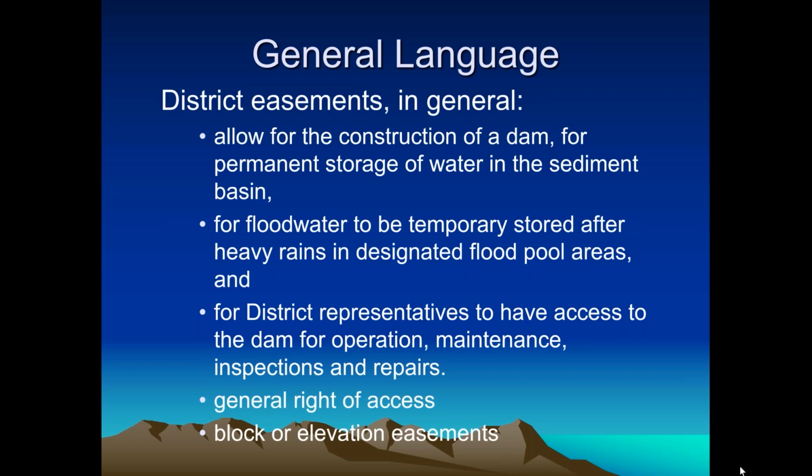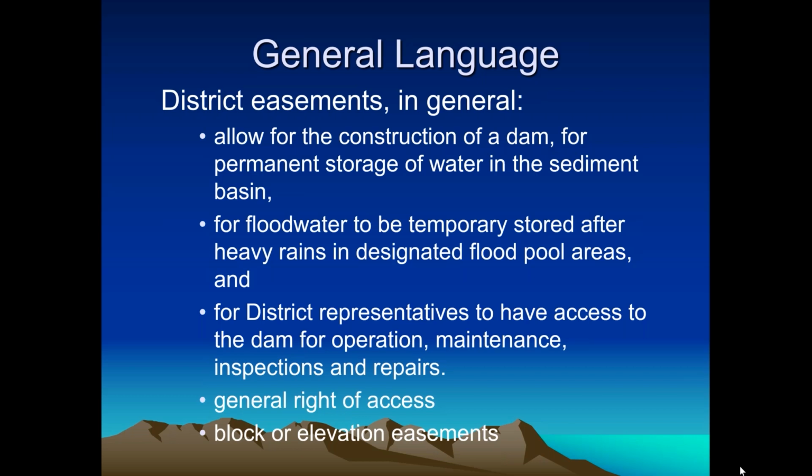One of the other things that I will note, and I may bring it up again later, is in the general right of access, we do see problems with that in Oklahoma, because when new people come in and get the property, they don't always want to allow you access. And since access isn't specifically detailed out in those old easements, that does tend to be an issue that we have to address when those issues arise.